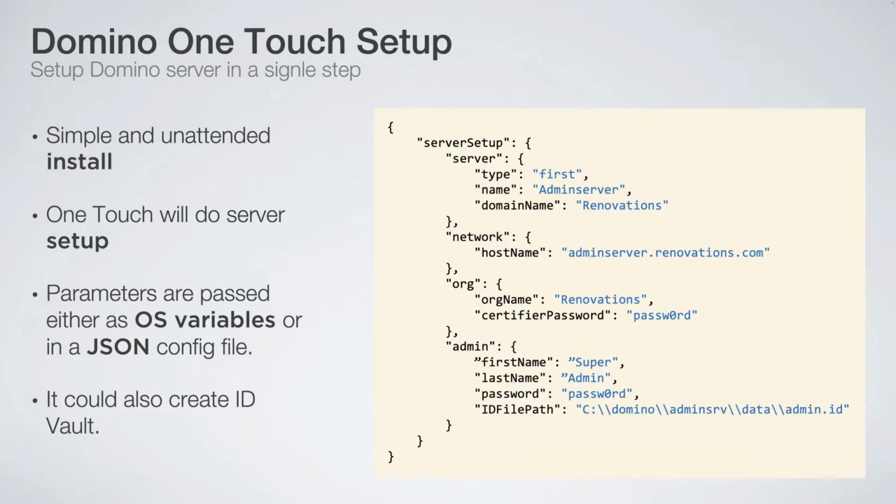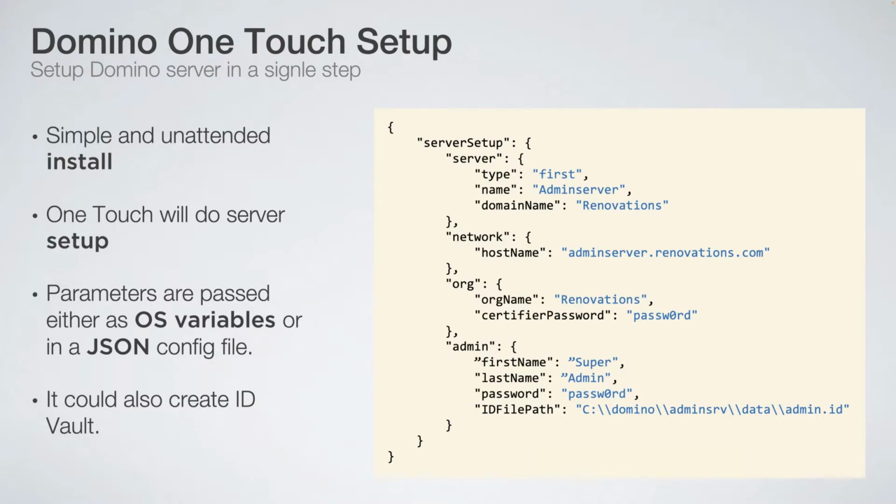And we can do installation unattended, with silent installation with no clicks. It's available for many versions, probably since version 5. But server setup until now required some sort of end user or admin interaction to type in some info.